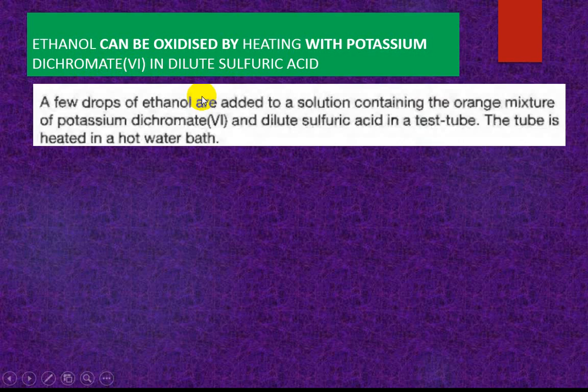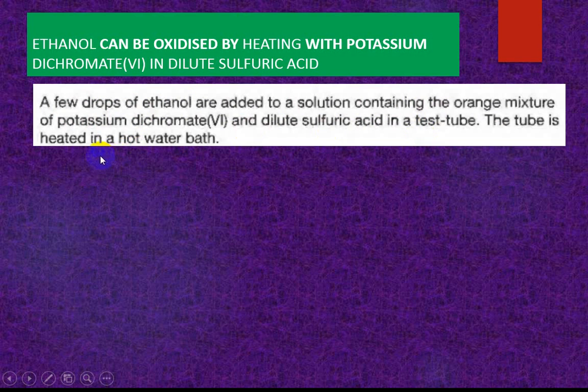A few drops of ethanol are added to a solution containing orange potassium dichromate and dilute sulfuric acid in a test tube.